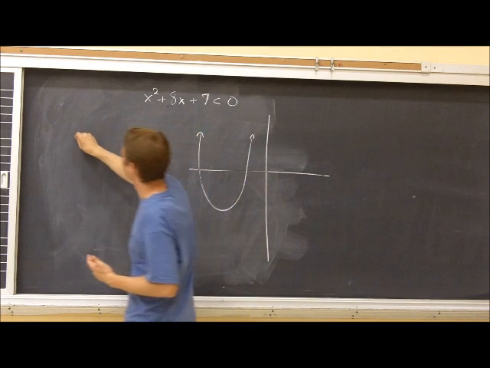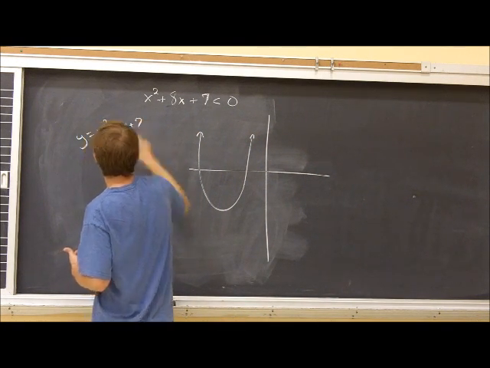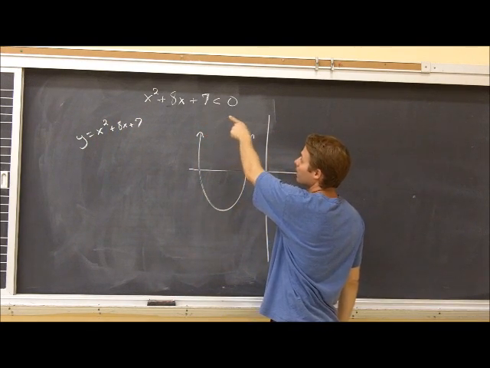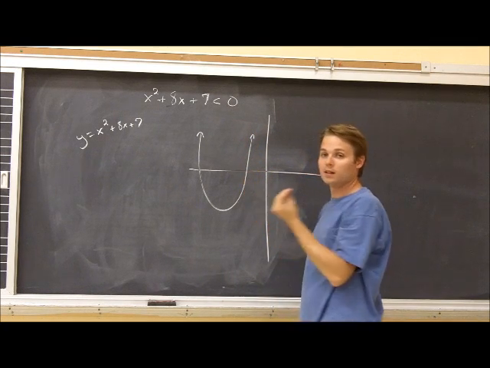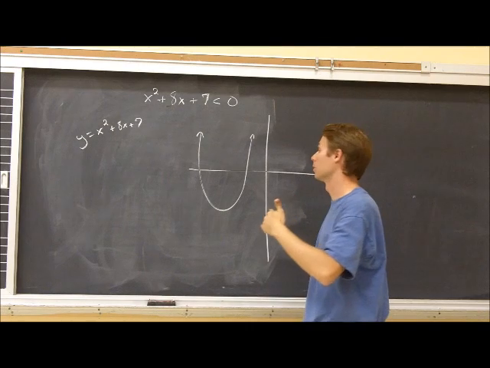Because if I were to graph this, I would graph y equals x squared plus 8x plus 7. So when I ask where is x squared plus 8x plus 7 less than 0, it's the same thing as asking where its y values are less than 0.